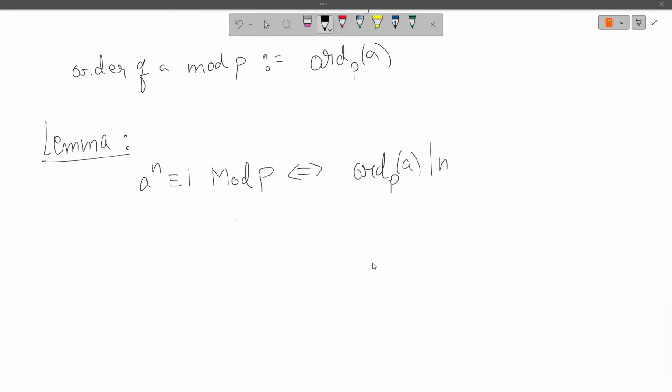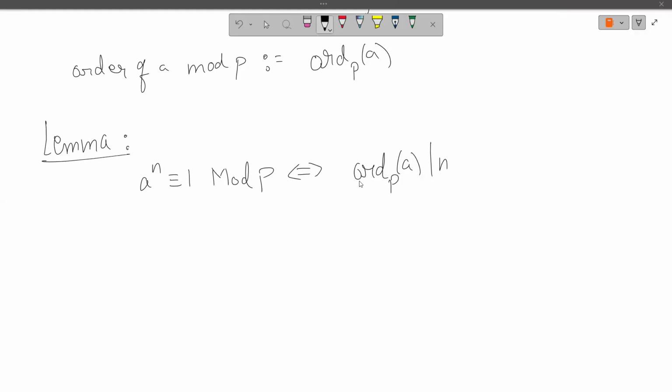In this lemma, we can say a raised to the power d is congruent to 1 mod p, where d is the smallest positive integer satisfying this condition. So the order.